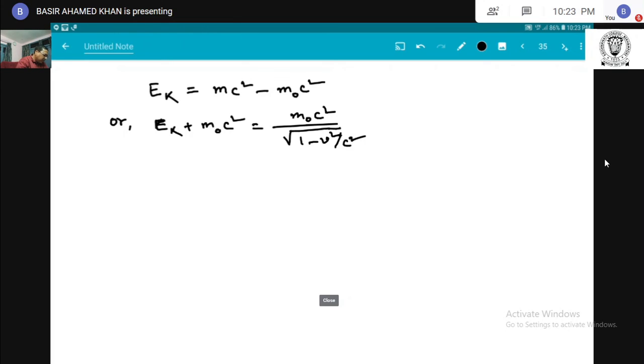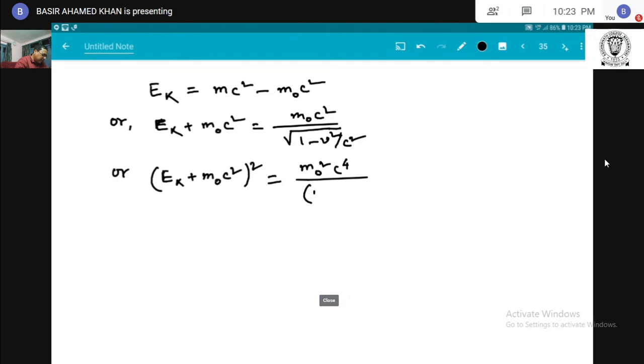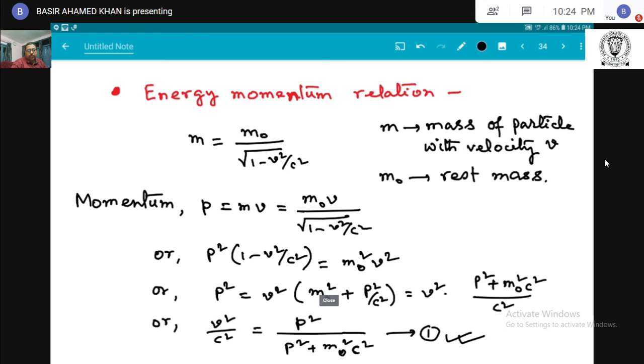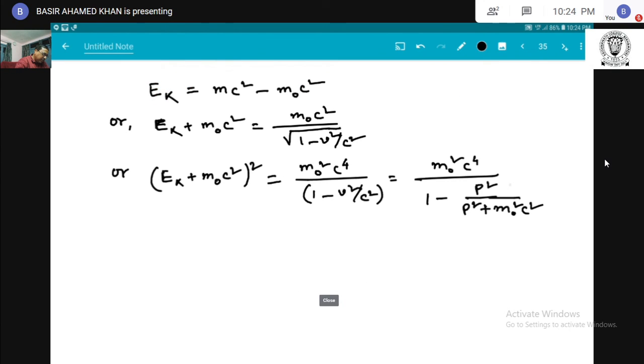Then Ek plus m0 c square whole square equals m0 square c to the power 4 divided by 1 minus v square by c square, which equals m0 square c to the power 4 divided by 1 minus p square by p square plus m0 square c square. This is coming from equation number 1. From equation number 1 we get the value of v square by c square, and we put it into this equation.